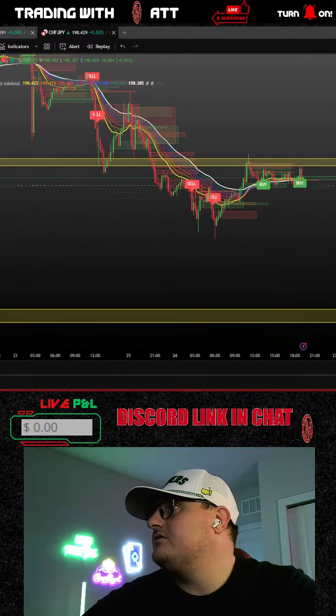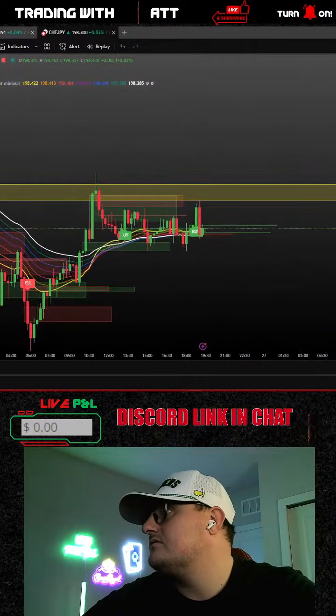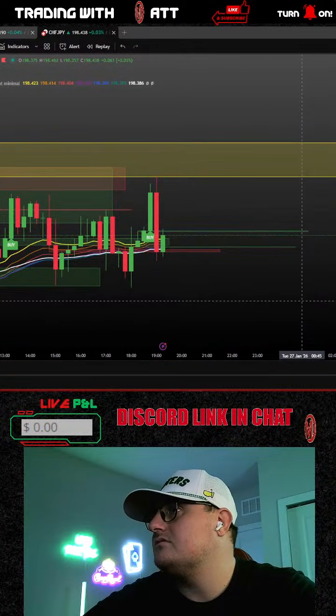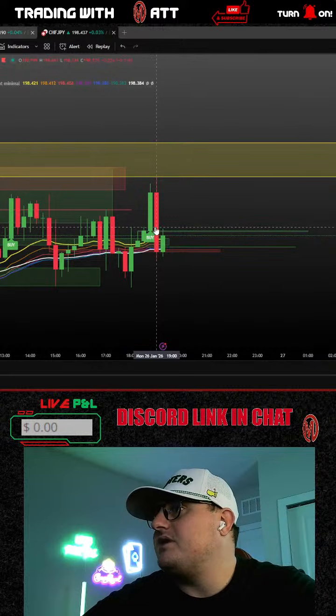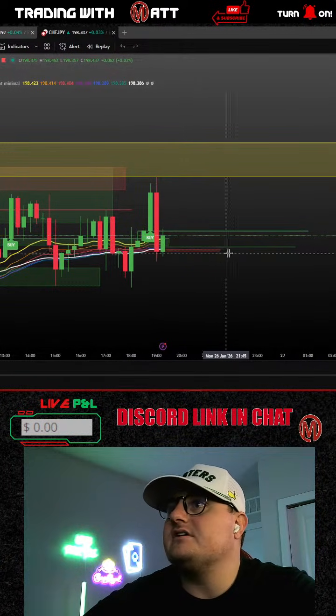There's a couple that we could look to enter on the 15-minute. We got a buy signal right here, but it broke back down under the EMA.